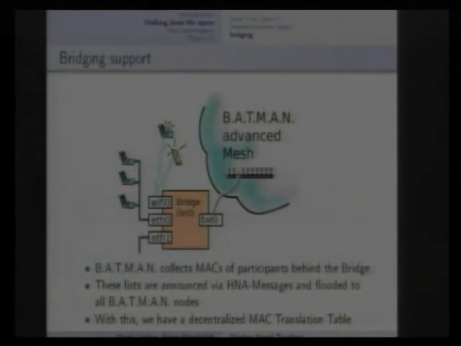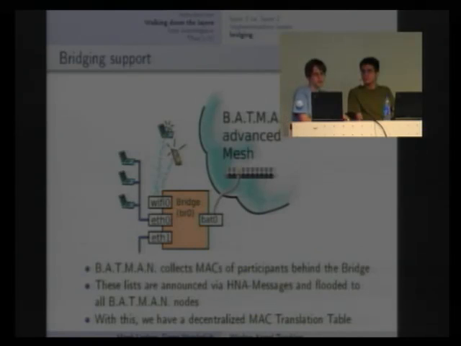Okay. So I've said we have a big distributed switch, and you can also plug in another bridge. You might know the Linux bridge. You can add your other interfaces, like if you have a Wi-Fi interface and offer an access point, or if you have an Ethernet segment on your computer, you can put them all in one bridge and add them to the Batman mesh.